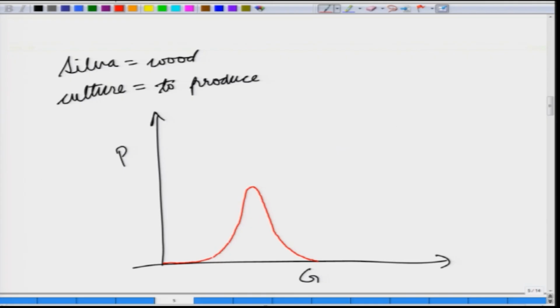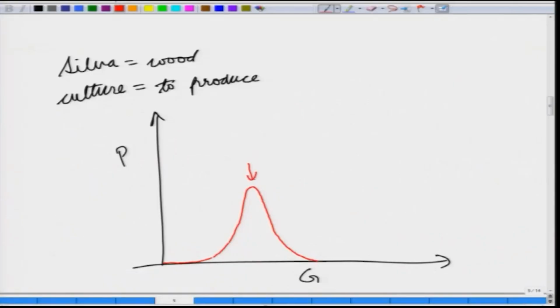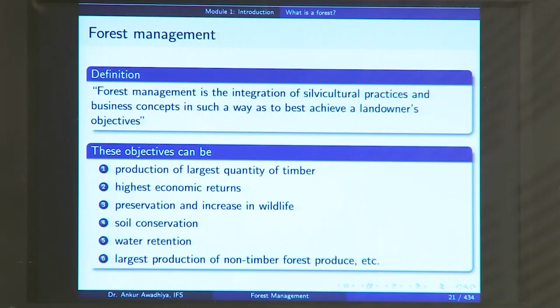So, you can have a silvicultural objective of getting the maximum volume of wood, or you can have a very different objective of getting the maximum income. If you want to go for the maximum income, you should target this size. If you want to go for maximum volume, you should target this size. So, your objectives can be production of largest quantity of timber, highest economic returns, preservation and increase of wildlife. Now, if you want to go for preservation and increase of wildlife, probably you should just leave forests as such.